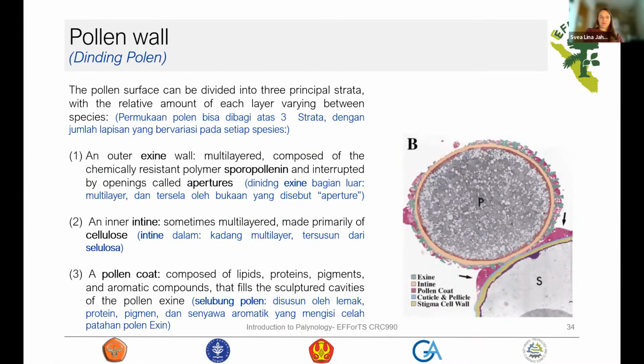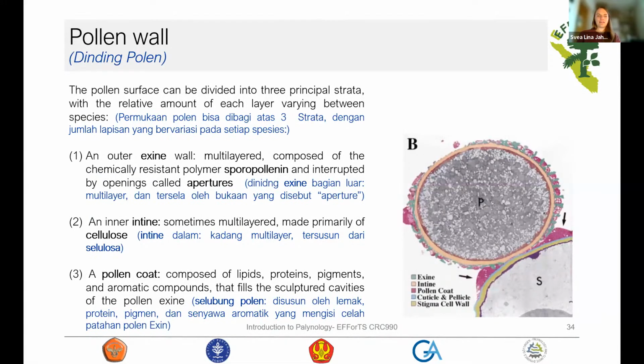So this pollen wall, or the pollen surface, let's say, can in general be divided into three different regions, with the relative amount of each layer varying between the species. So every layer basically can be unique for a different genus or for a different species, which then again allows us identification.